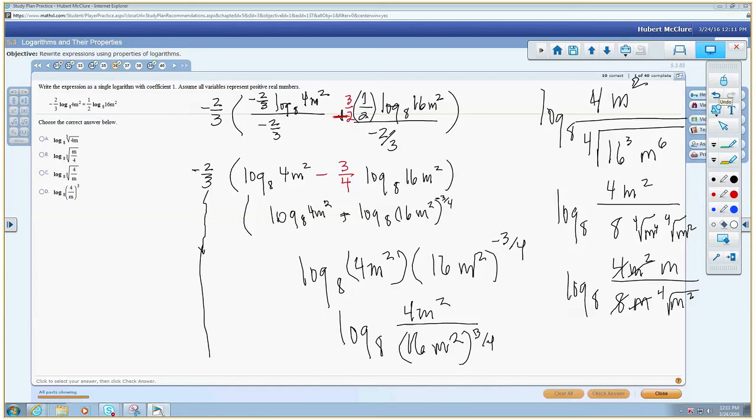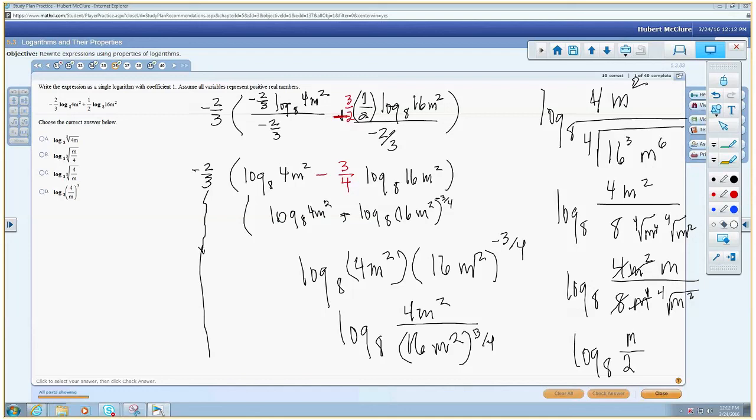So we're starting to see something. Log base 8 of what? M over what? Over 2. M squared. This first one right here.